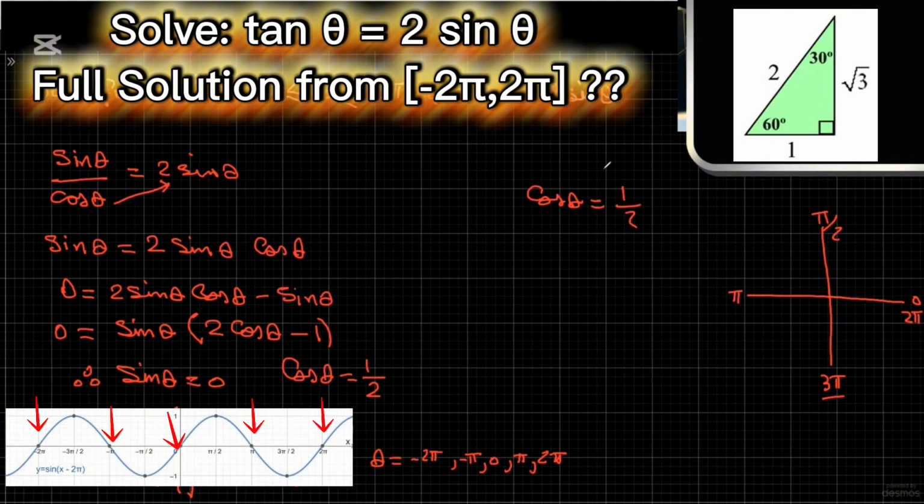Now, it's a no calculator question, so they want you to remember your special angle triangles, and the special angle triangle for this one is definitely the 30, 60, 90. And that's 1, √3, 2. You have to remember these triangles, the 30, 60, 90, and the 45, 45, 90.